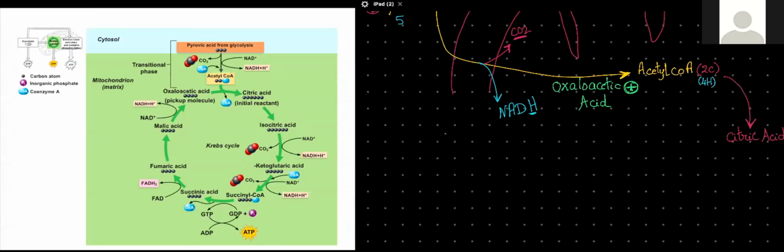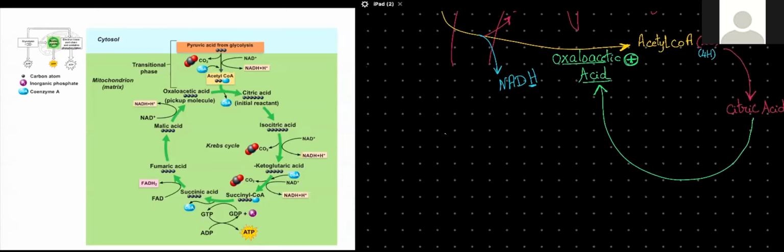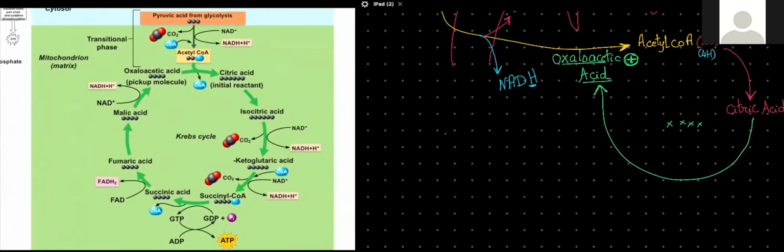This citric acid, as it passes through the cascade of reactions, is going to return to become oxaloacetic acid. So what did I lose throughout those reactions that I didn't mention here, which are on this diagram?